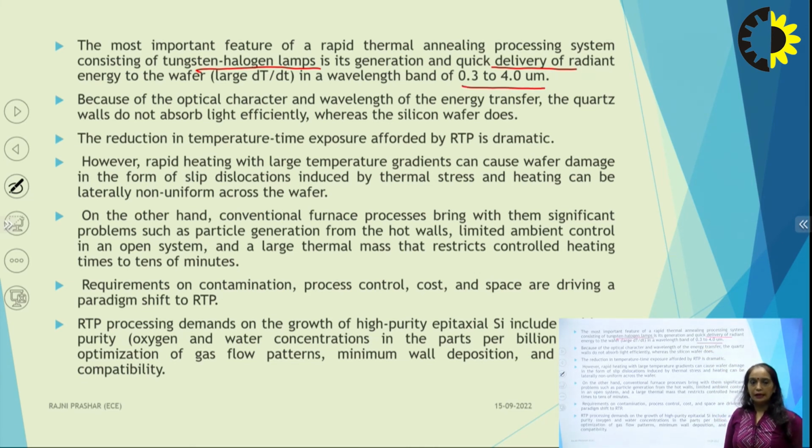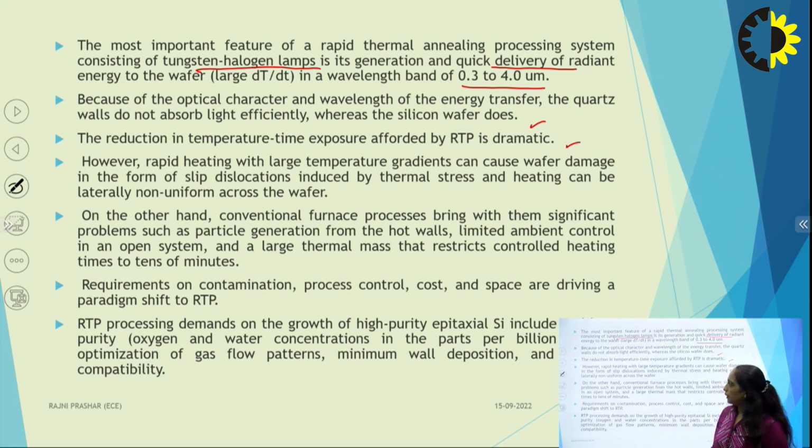Because of the optical characteristics and the wavelength of the energy transfer, the quartz wall of the chamber does not absorb the light efficiently, whereas the silicon wafer will absorb the light. And the reduction in temperature exposure afforded by RTP is the one dramatic point.